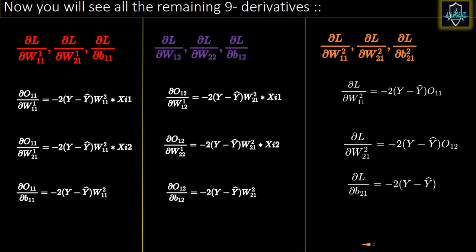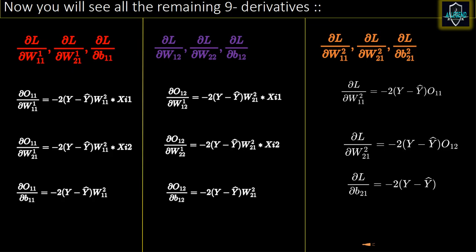Similarly we have to do the same for the other neuron. Remember this, del y hat over del O12 is equal to W2. So the other values will be: del L over del W1 is equal to minus 2 times of y minus y hat W2 multiplied by xi1. The second term is minus 2 times of y minus y hat W2 multiplied by xi2.